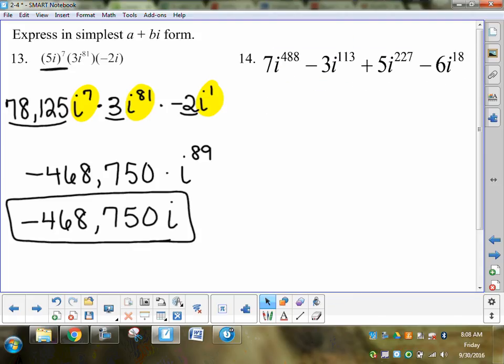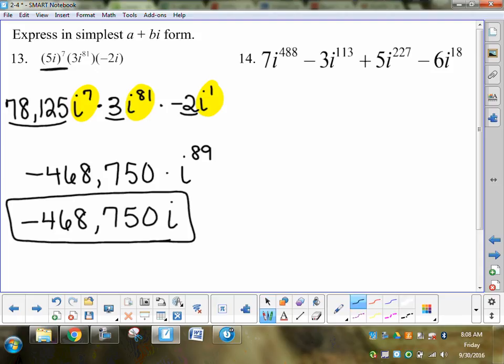The answer is... Evaluate them out, because it's going to be 7 times something.